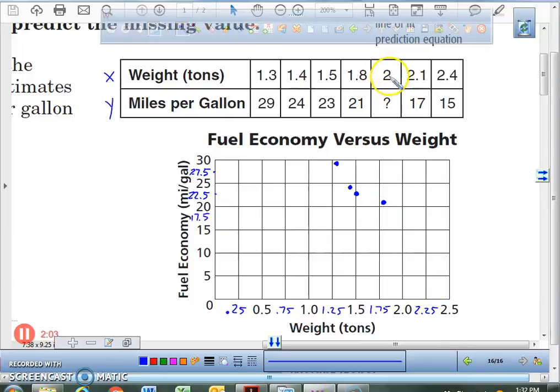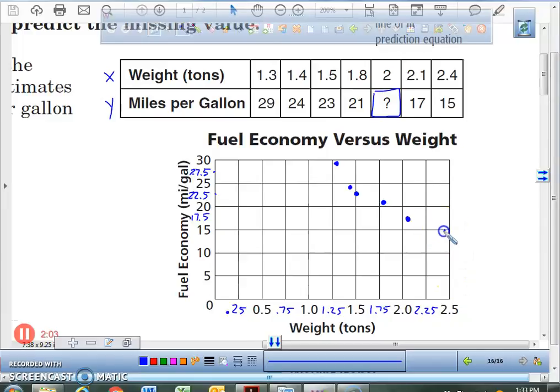You're not going to plot 2, because that's the one we're going to be looking for. We're going to leave that empty. 2.117, that's 17.5, so slightly underneath it. 17.5 is right there, we'll go slightly just underneath it. And last but not least, 2.4 and 15.